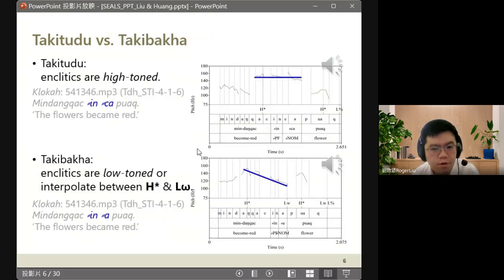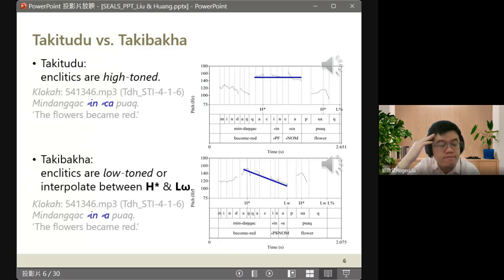And let us make a very brief comparison between Takitudu and Takibaka enclitic pronunciation. We can see that in Takitudu, enclitics are high toned. For example, in this sentence, it is pronounced like Mindangkajinza Boak.